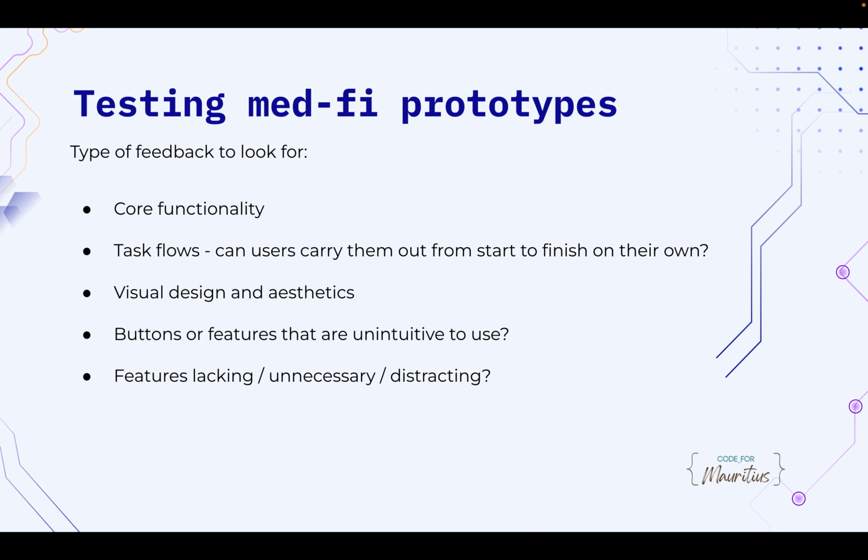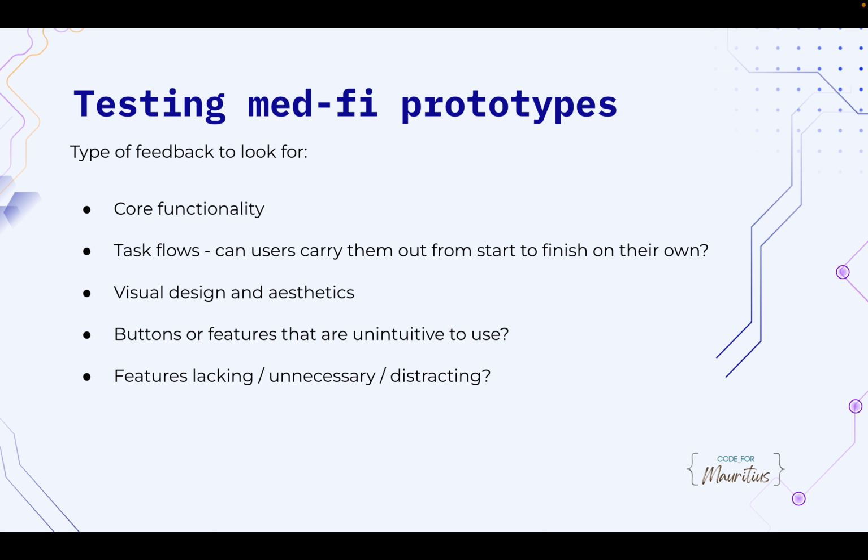For medium-fi prototypes, the type of feedback that you look for is a little bit different. You still try to get feedback on the core functionality of your app and on your task flows, and this time it is pretty essential that the users can carry them out from start to finish on their own. Here, you can also get feedback on the visual design and aesthetics, like what the app or the product looks like.